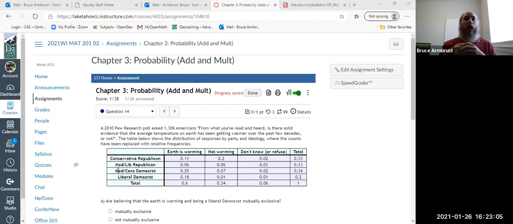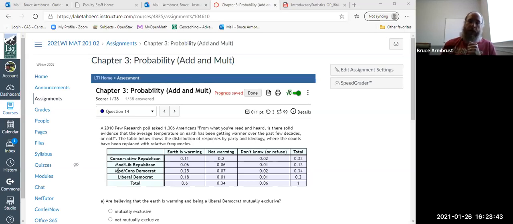We do know what portion of our sample were conservative Republicans who said the Earth is warming. So that 0.11, that 11%, just says that 11% of the people that responded are conservative Republicans who said the Earth is warming. The next number over, the 0.2, that's 20%. That 20% means 20% of all the respondents were conservative Republicans who thought the Earth was not warming, and so on and so forth.